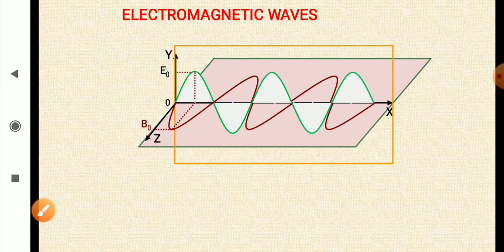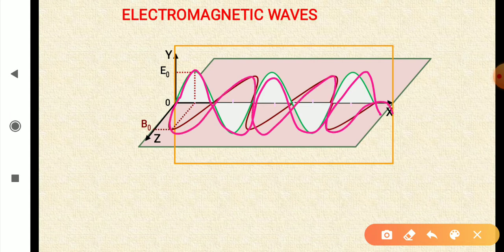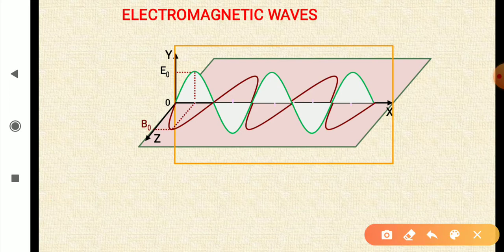If you look at the variations, then electric field is varying like a sine wave and magnetic field is also varying like a sine wave, right? And they become maximum together. Look at the peak of this magnetic field and peak of electric field. So they attain their maxima together, they become zero together. That means they oscillate in same phase.